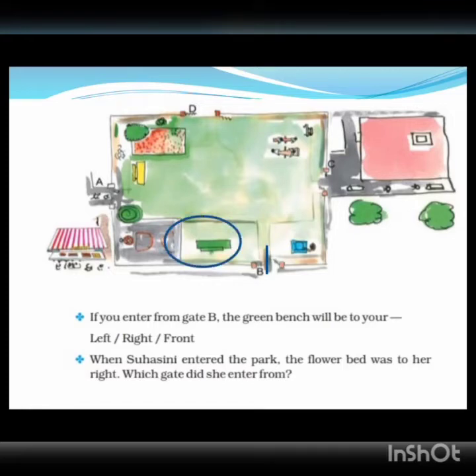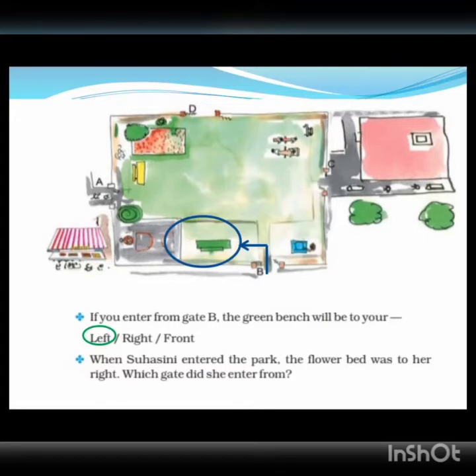So in order to reach the green bench, we have to take a turn like this. Correct? Yes. And this is our which turn? Very good. Left turn. So our answer is left turn. Or we can say the green bench will be on the left side.